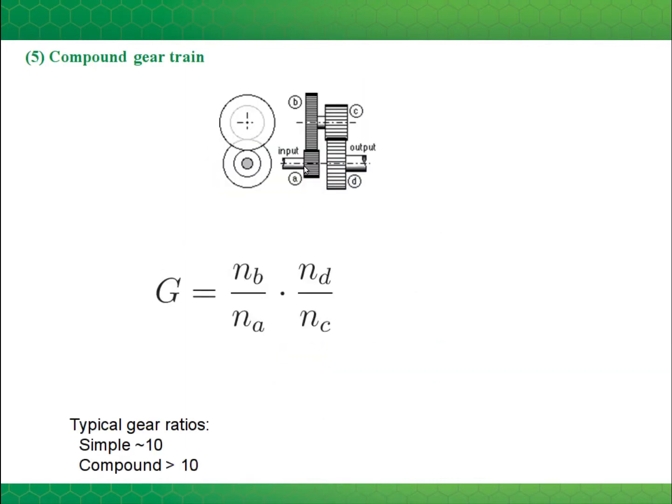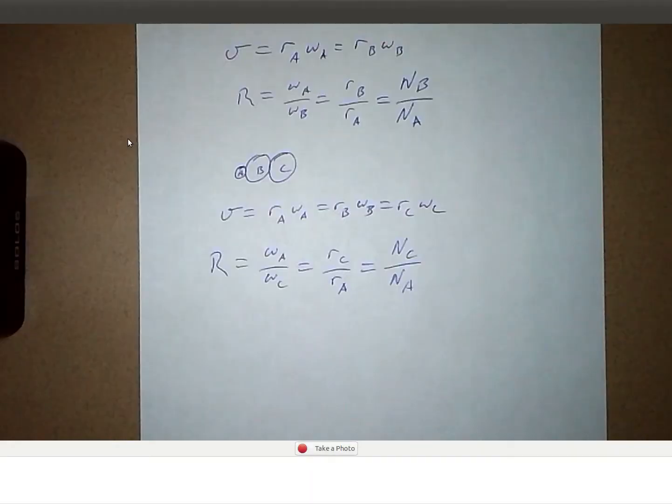And then the final gearing system we'll look at is a compound gear train. So here we again have an input shaft and an output shaft, but then there's an intermediate shaft that has gears of two different sizes on it, two different radii, B and C. So I will duplicate this drawing here.